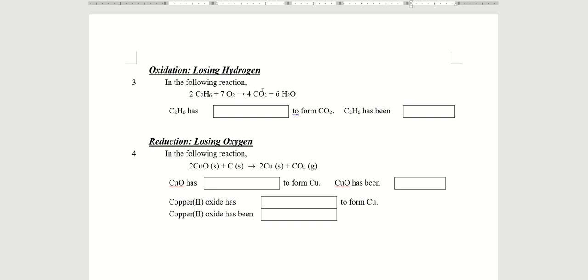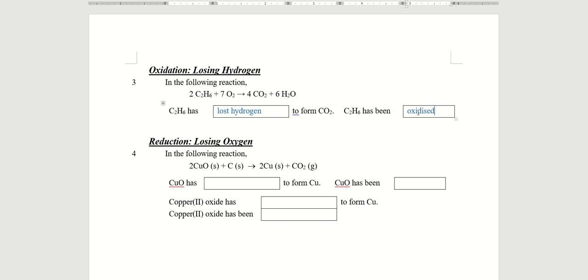But after the reaction, you can see that the carbon has lost hydrogen. So we say that ethane has lost hydrogen to form carbon dioxide. Therefore, ethane has been oxidized.